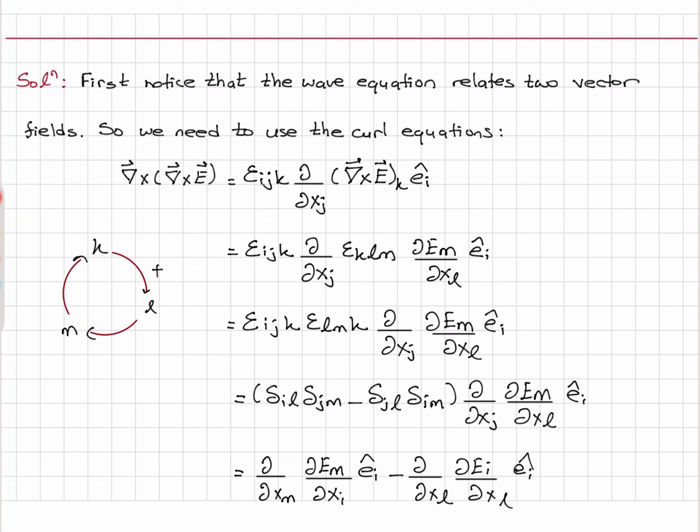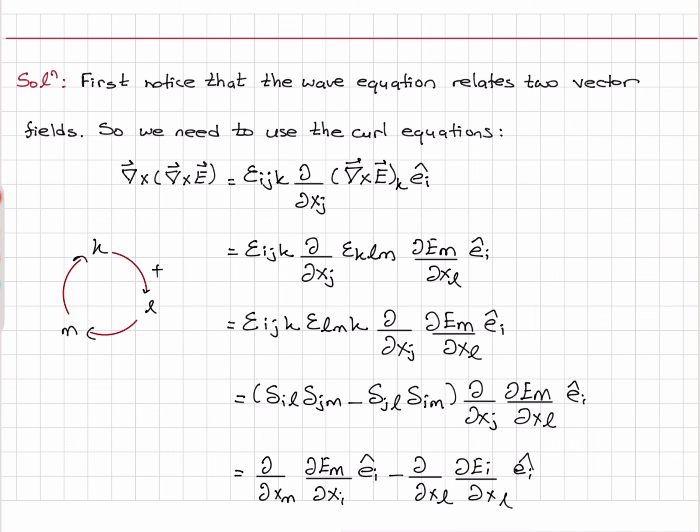So klm can be reordered as lmk, and using the Kronecker delta conversion from epsilon product of two Levi-Civita symbols with the common index in the same location, Kronecker delta firsts, seconds minus inners, outers applied to this. I have j must be set equal to m. M remains, and l must be set equal to i, so that's the first term. Then j must be set equal to l, and m must be set equal to i. This is second derivative with respect to xl of the electric field.